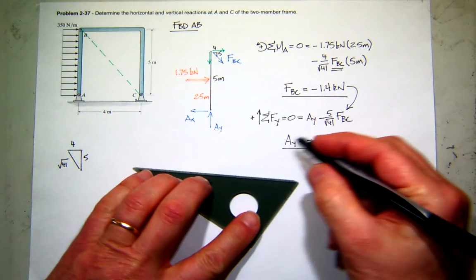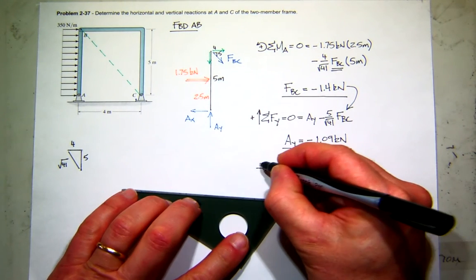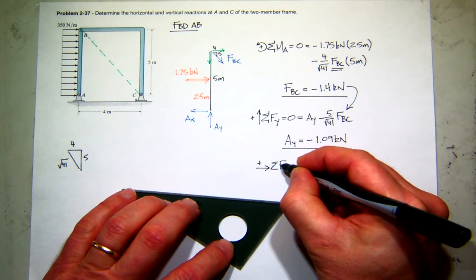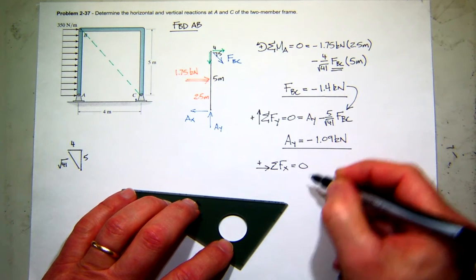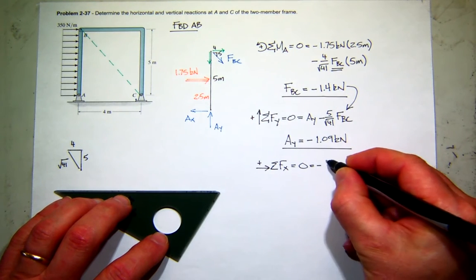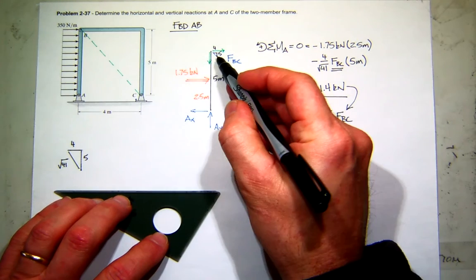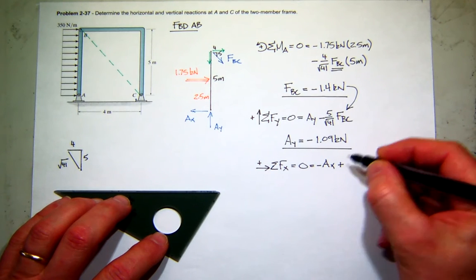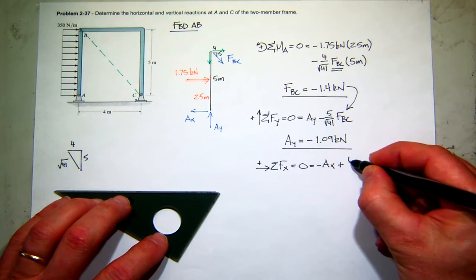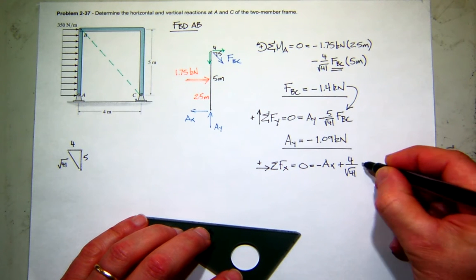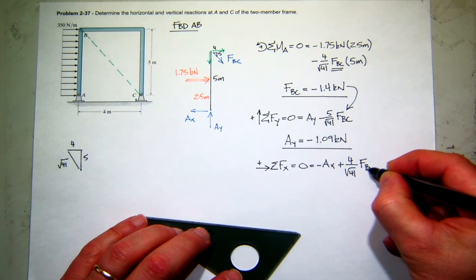We're going to have to do it one more time, because if we sum forces in the x direction, equals 0, I've got AX to the left, so that's minus AX. And then the x component of BC is positive. What is the x component of BC? We've already done that before, so that's 4 over the square root of 41 times FBC.